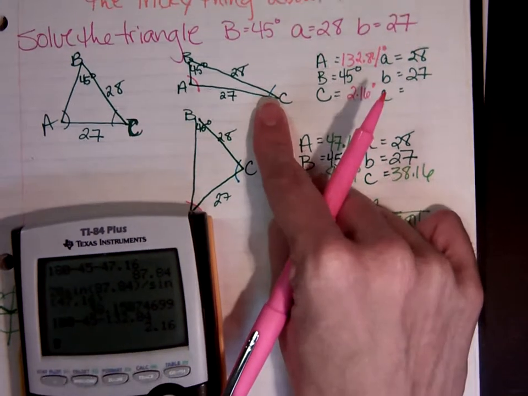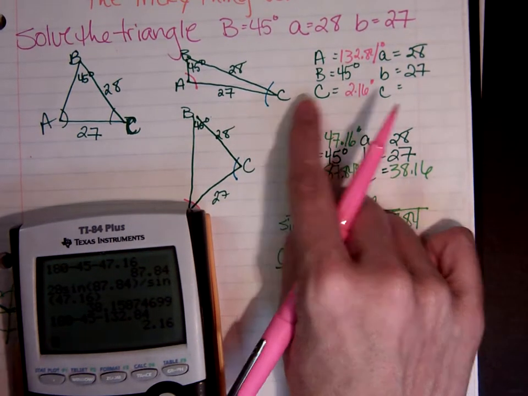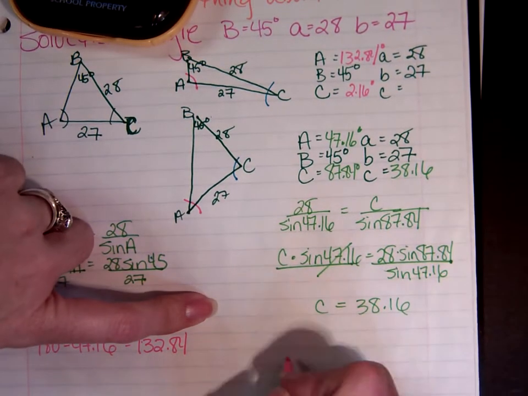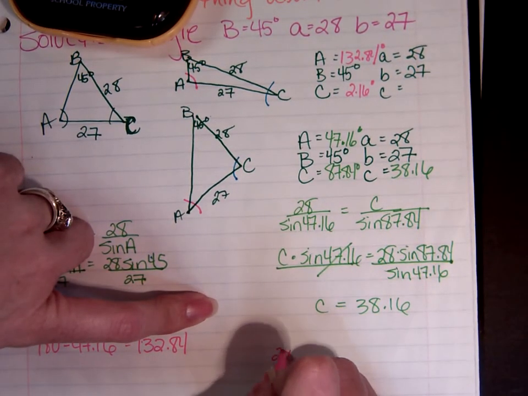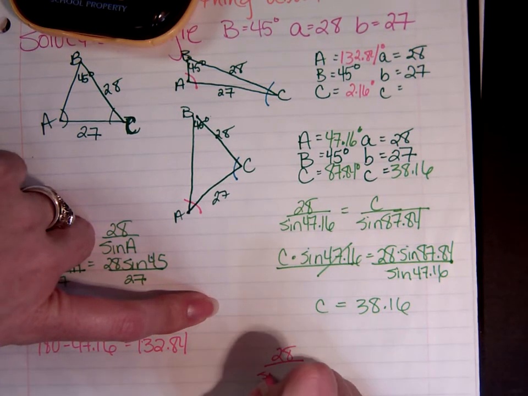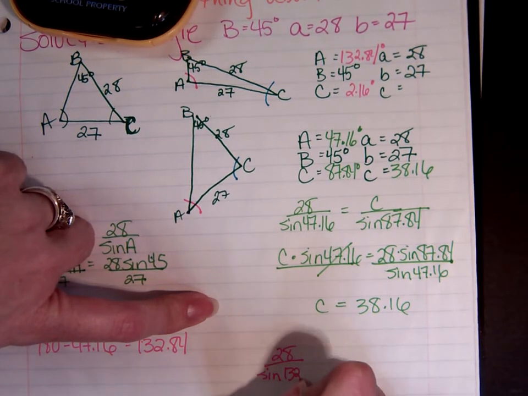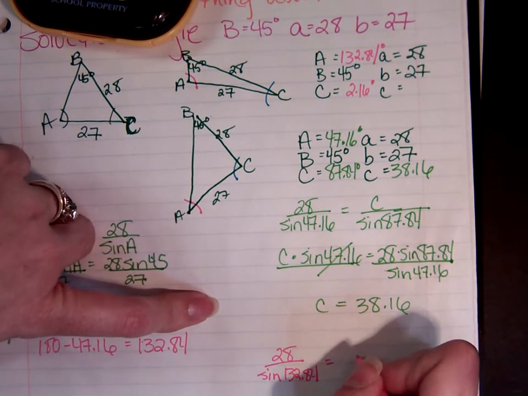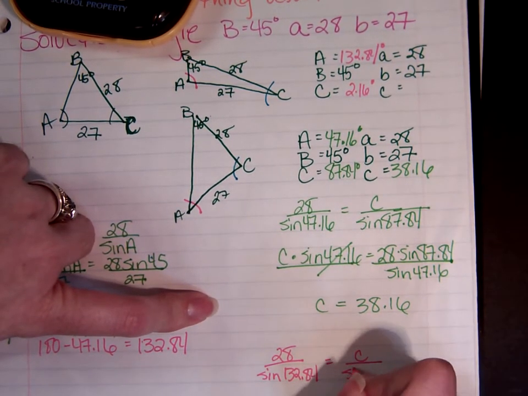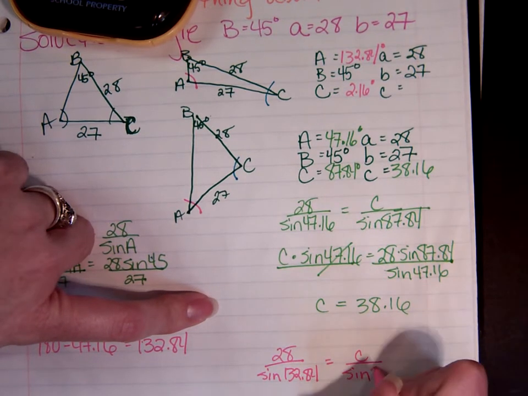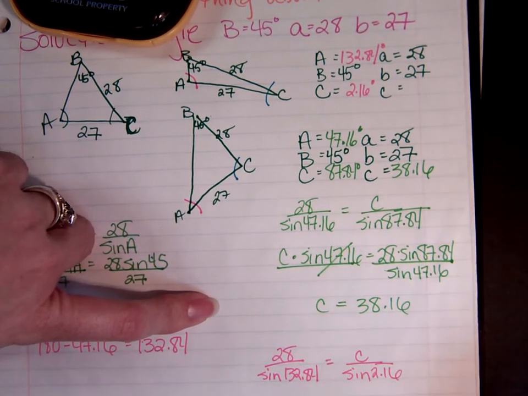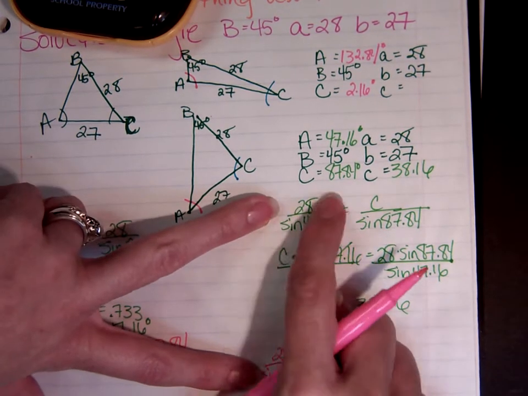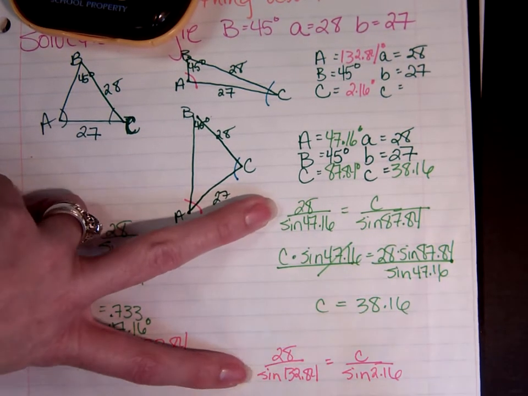And we'll use the same law of sines process to find our new side c. 28 over the sine of 132.84 is equal to side c over the sine of 2.16. Same relationship, right? I know this sine value is the same, so this proportion is the same as that proportion.